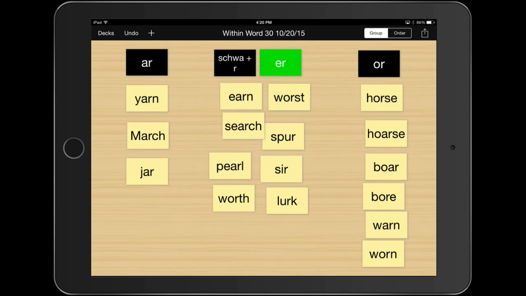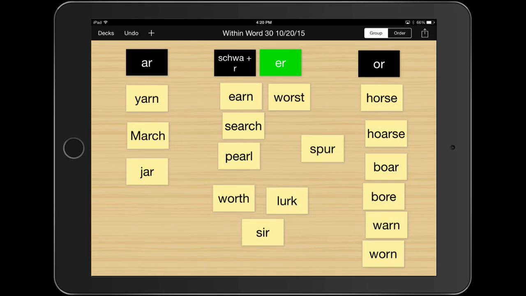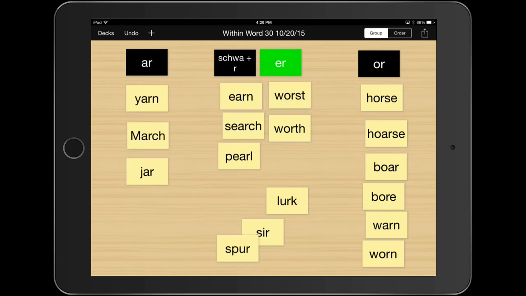Again, we have the EA pattern. Same as with pearl, EA pattern, pearl. Now we have some different patterns. Let's go back to the OR pattern. Worth. So worst and worth all have that ER sound. And earn, search, and pearl all have that sound as well, but that sound is spelled with an EA.